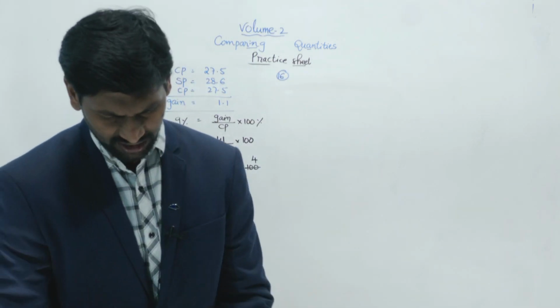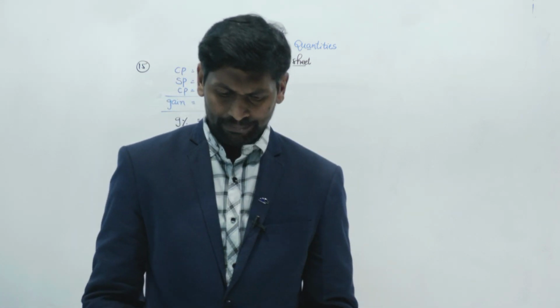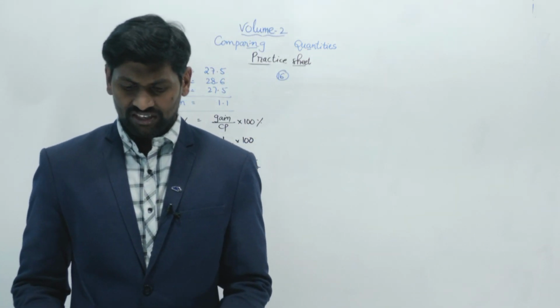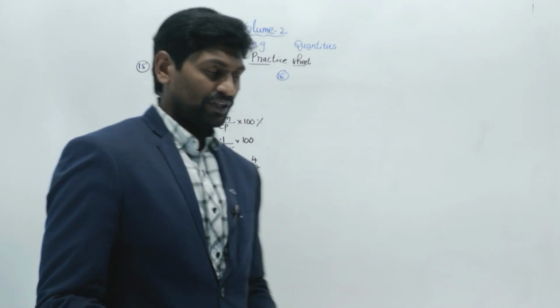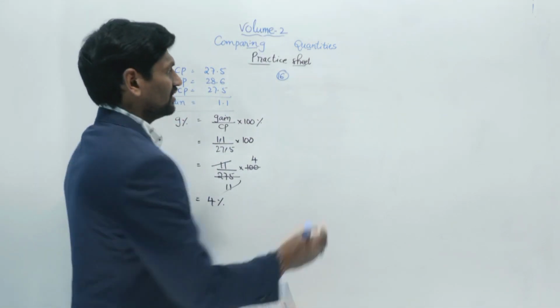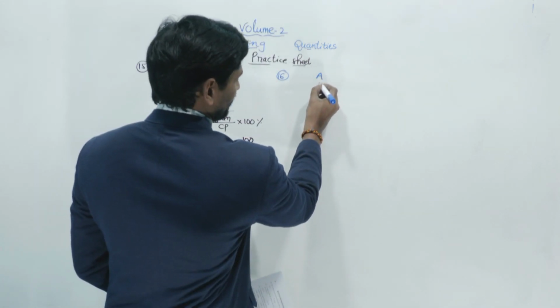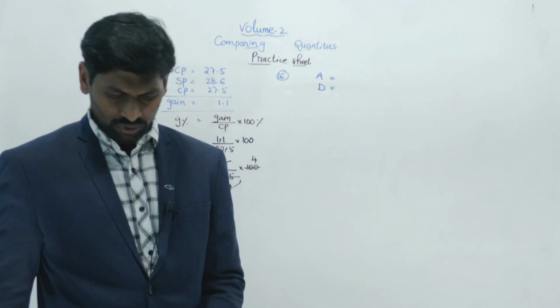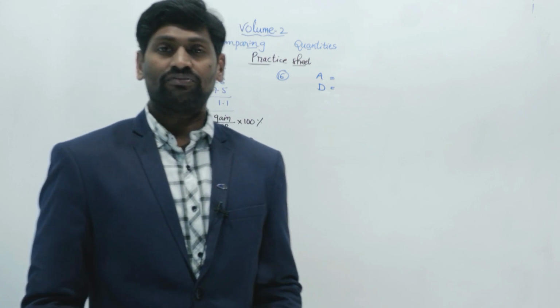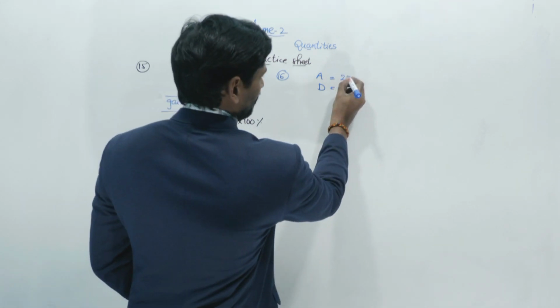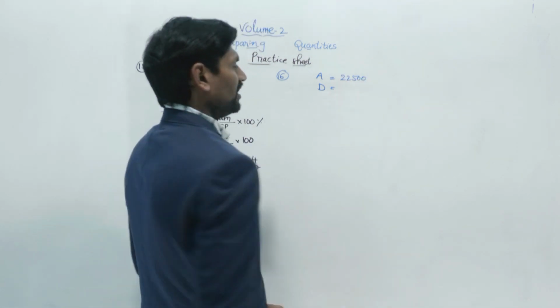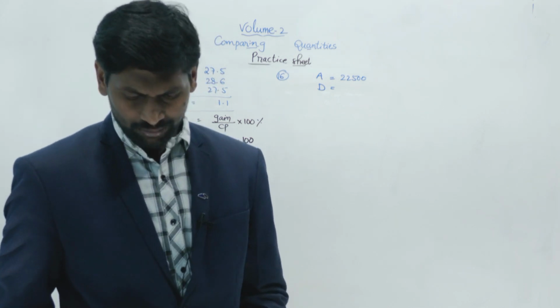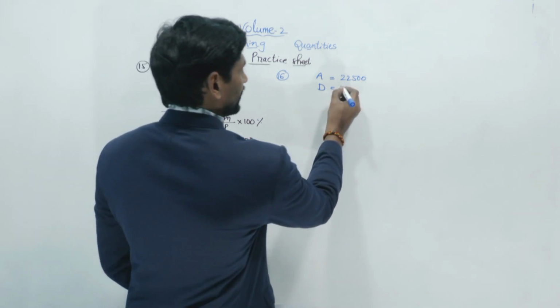It is given that Anand and Deepak started a business investing 22,500 rupees. Anand is represented with A, Deepak with D. So Anand invested the amount of 22,500 and Deepak invested the amount of 35,000 rupees respectively.